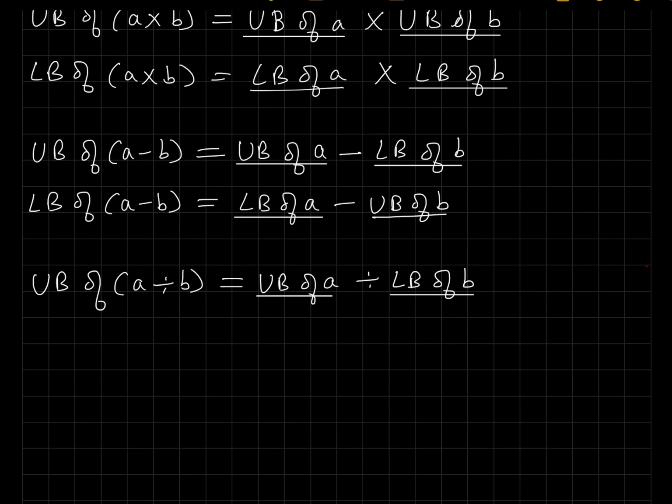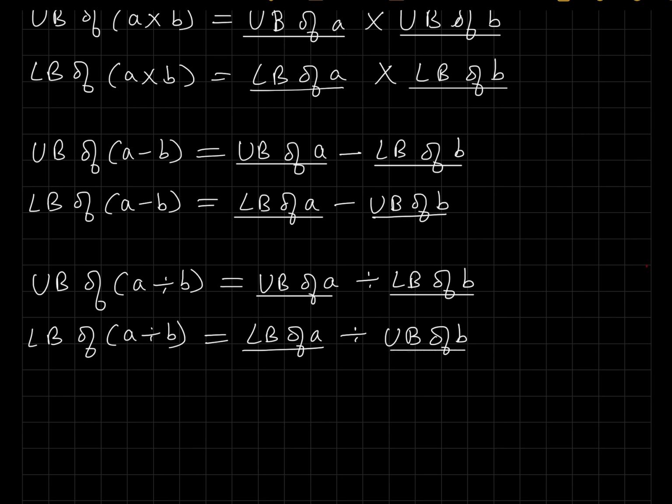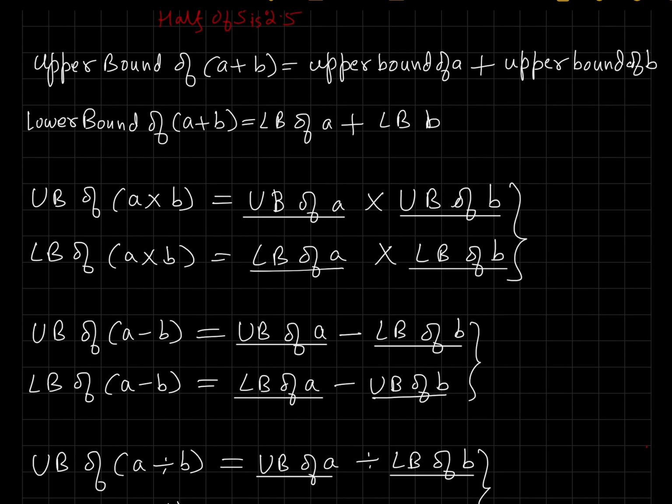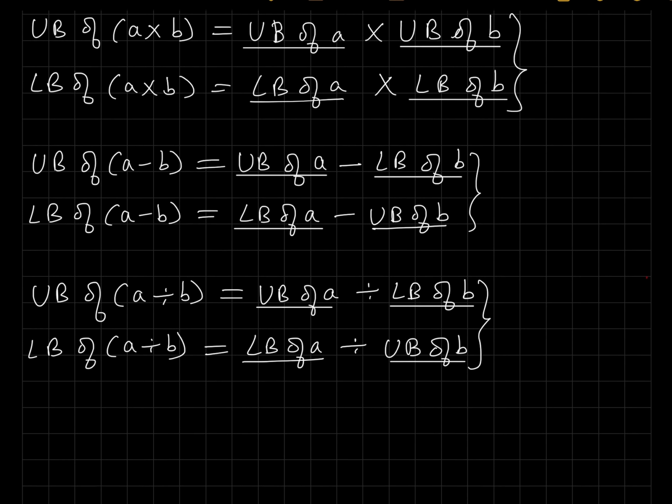And if we have to find the lower bound of a divided by b, I will do the lower bound of a divided by, making my denominator greater, the upper bound of b. So all these rules will be very, very helpful while doing calculations related to upper and lower bounds.